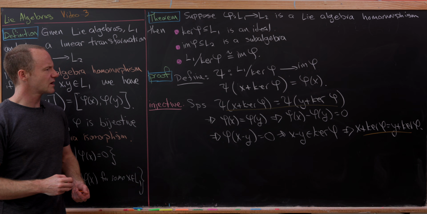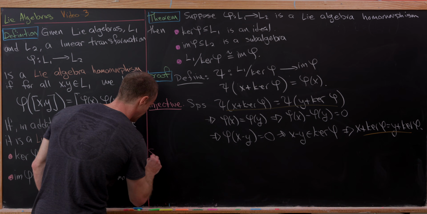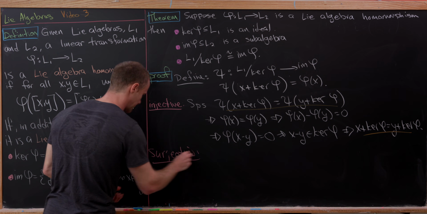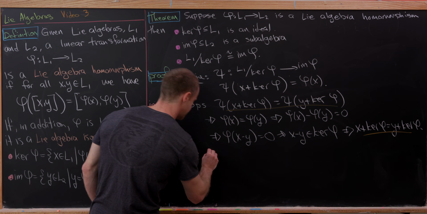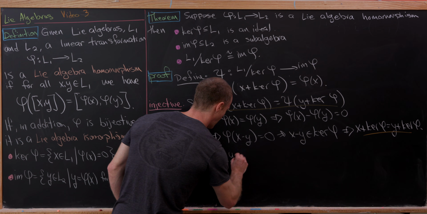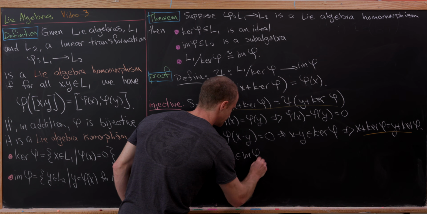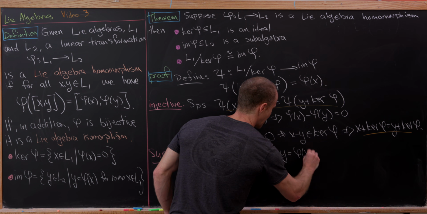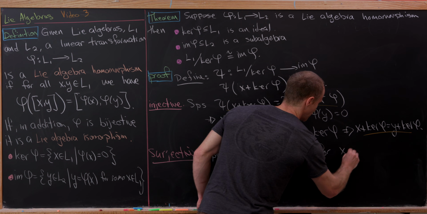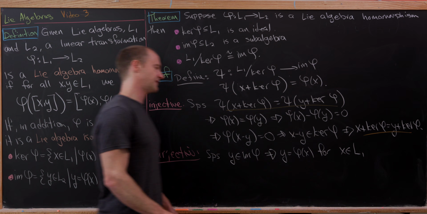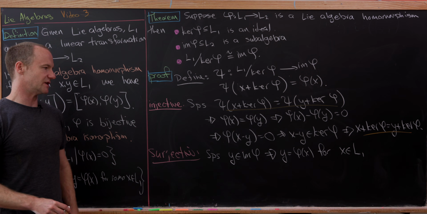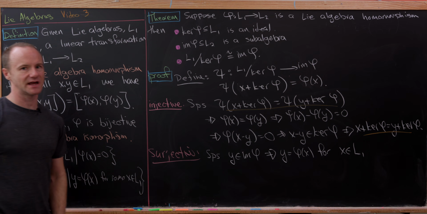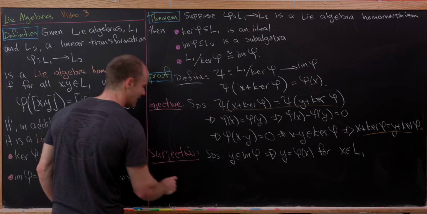And then what about it being surjective? Well, that's actually maybe the easiest part of this whole thing. So let's suppose maybe that y is inside of the image of phi, but that means that y equals phi of x for some x in L1. That's just the definition of the image. But now just let's attach x to a coset and then map with psi and we have it.